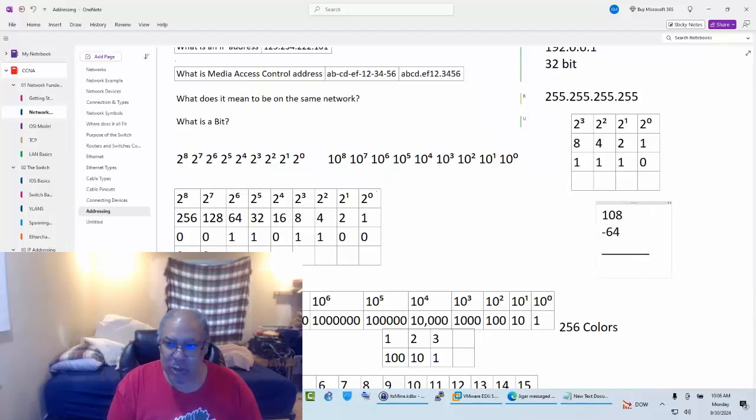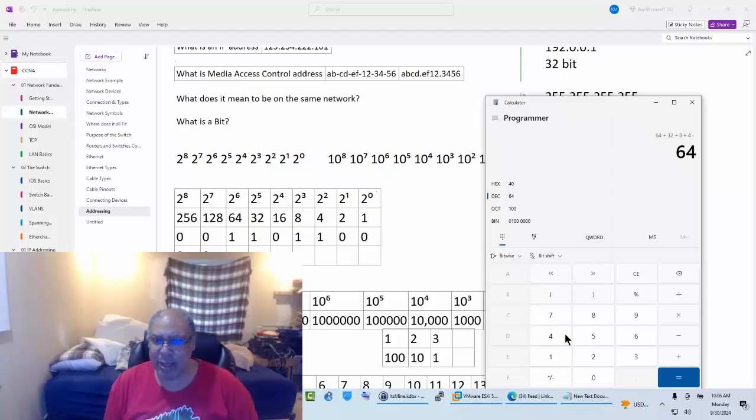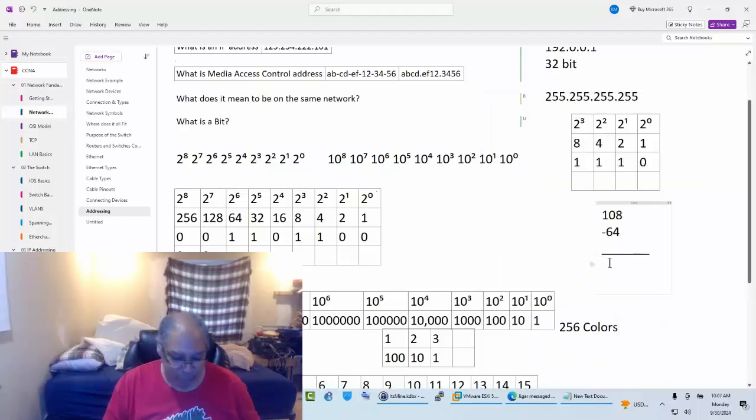I can already start feeling the coffee kicking in. I don't have my coffee really hot, and I use milk, so it takes a little bit sometimes. So minus 64, we got 44 left. So that is a 1. Can 32 be subtracted from 44? Yes. 32.